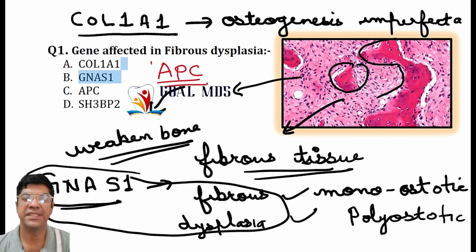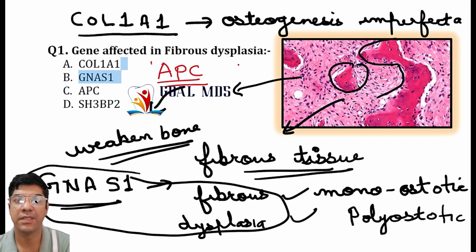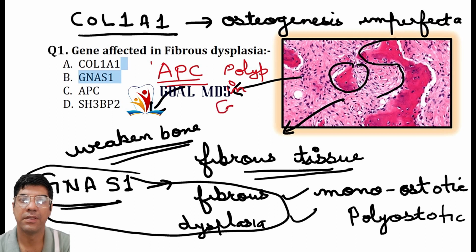Remember, APC gene is related with adenomatous polyposis coli. This gene will lead to polyps in the colon, so there will be a high risk of colorectal cancer.